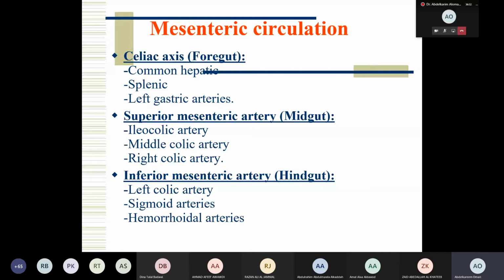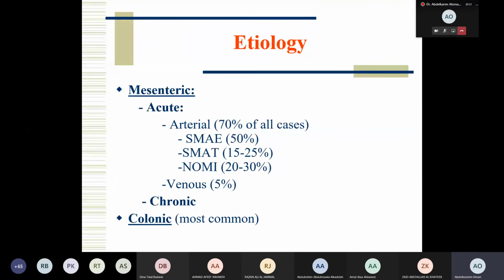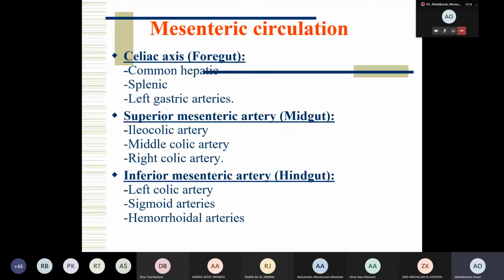Then it must come from somewhere else. From where will this embolism come? Usually it comes from the heart. So any patient with heart disease is prone to develop acute mesenteric ischemia. The other one is thrombosis.